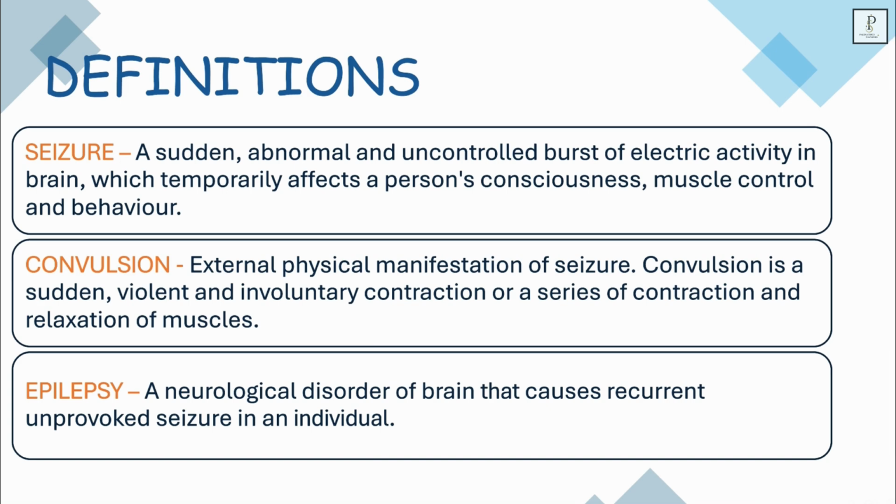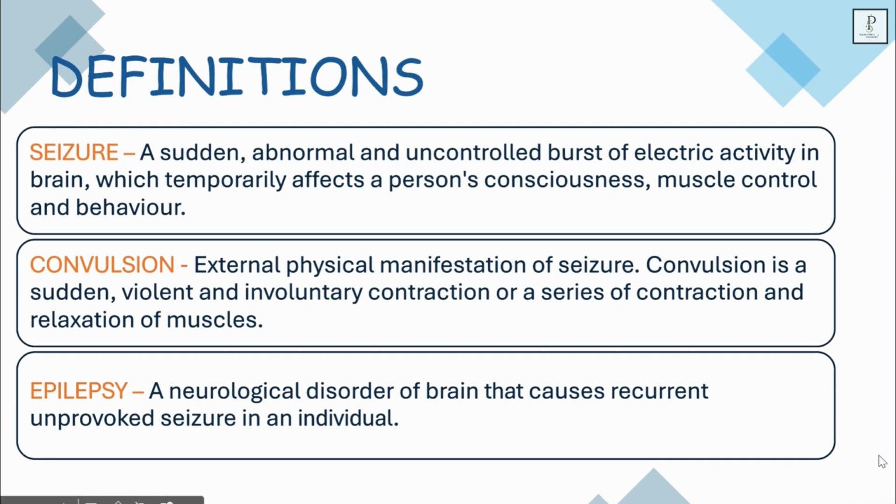What is convulsion? Convulsion is an external physical manifestation of seizure. It is a sudden, violent and involuntary contraction, or a series of contractions and relaxations, of muscle. In layman's terms, convulsion is also called fits.